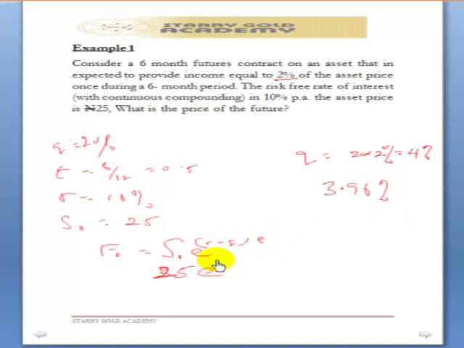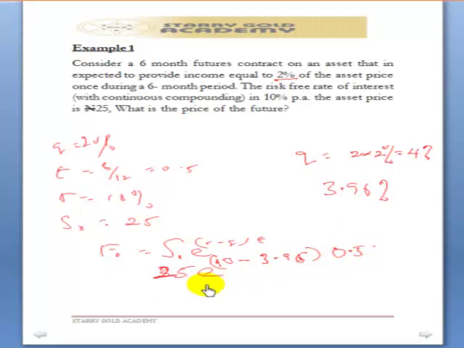It will be 10% minus 3.96%. Please always read the question carefully before you tackle it. Every line in the question actually matters. Multiply by 0.5.